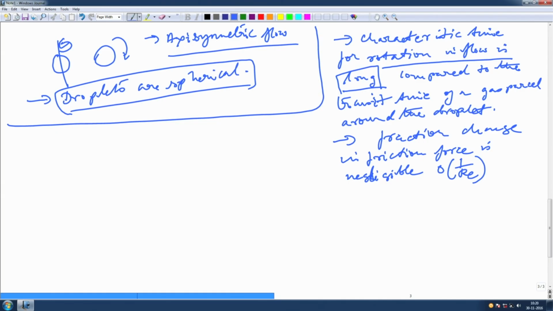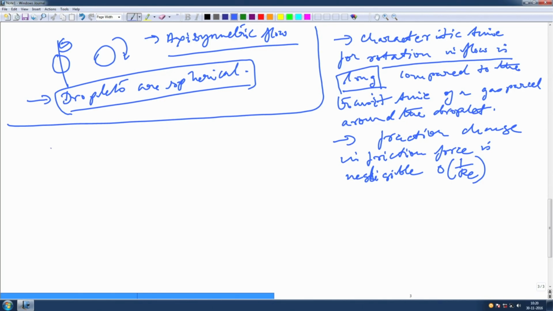So, where does the friction come into the picture? See, a droplet can only rotate if there is a torque, right. If there is an axisymmetric flow field over the droplet, then there cannot be any torque produced, correct. So, there has to be a net moment due to some variation of the flow, some asymmetry, some pulsation, something of that sort.